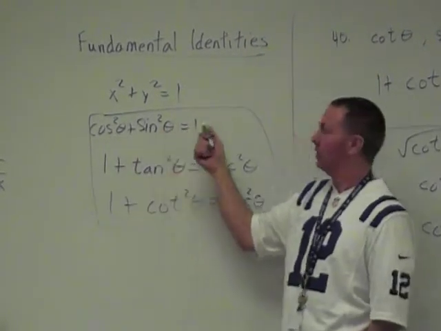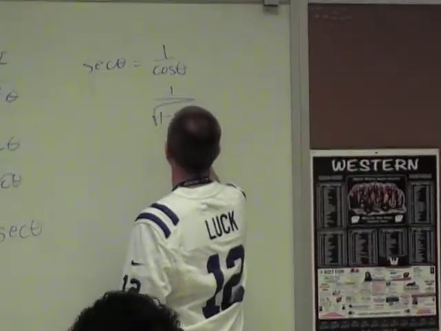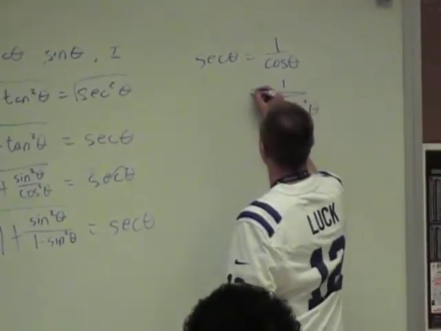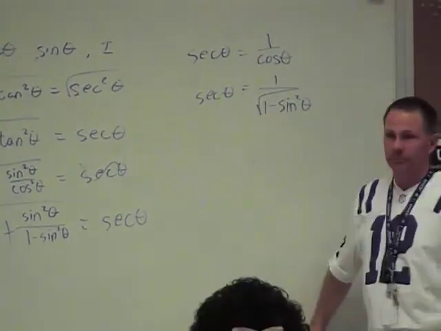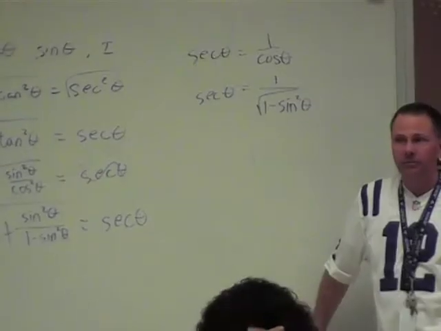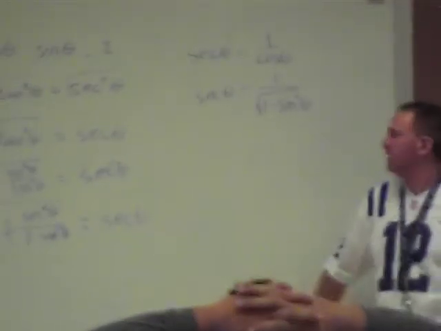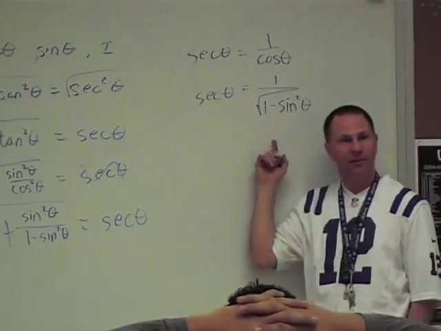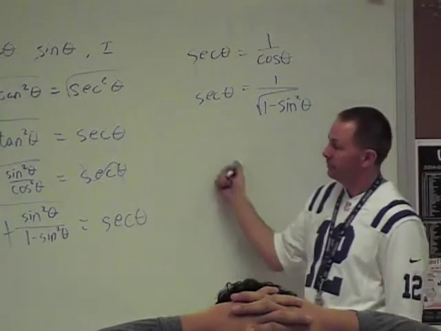Okay. So it's the square root of 1 minus sine squared. Done. Now is it neat? Is it nice? No, it's not nice. You've got a radical in the denominator. And it can get really ugly after that.